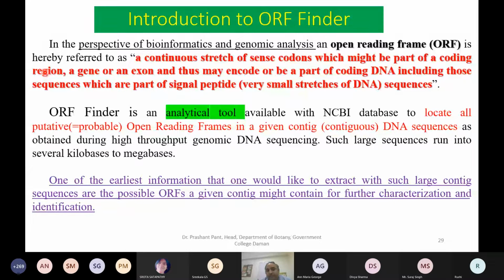They could be a part of a gene, or they could be a part of an exon, and thus may encode or be a part of coding DNA, including those sequences which are part of a signal peptide. That means very short stretches of amino acids, which are encoded by DNA, but they are not forming a full protein, they are forming a signal peptide.